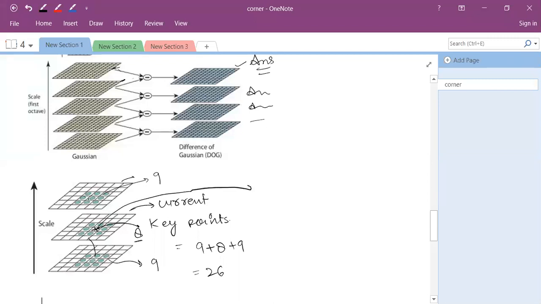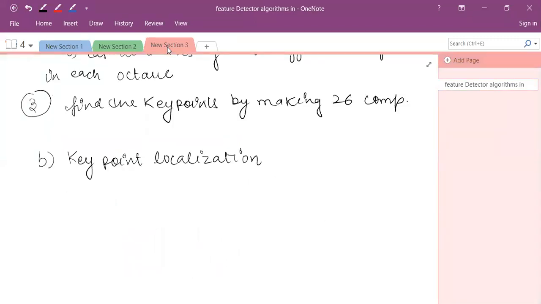Whether it is a flat region, an edge region, or a corner region, that you have to identify by using key point localization. For doing this, you can apply the Harris corner detector algorithm as well as the Canny edge detector and the Sobel edge detector.